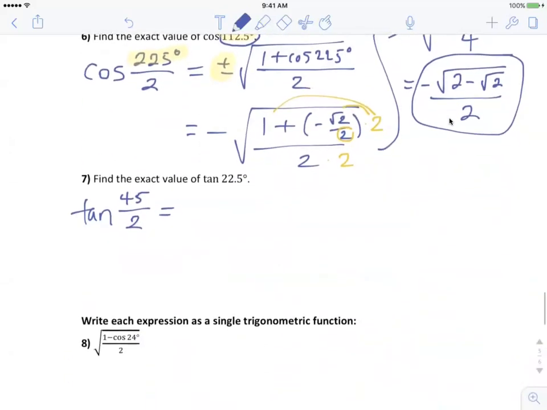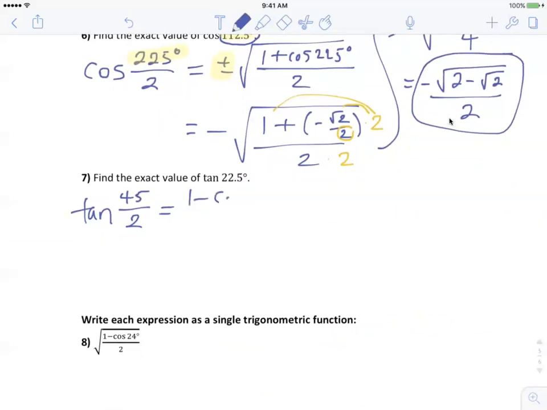So it's 1 minus cosine 45 divided by sine 45. Okay, and then now figure those out. Cosine 45 is root 2 over 2, and so is sine, root 2 over 2.